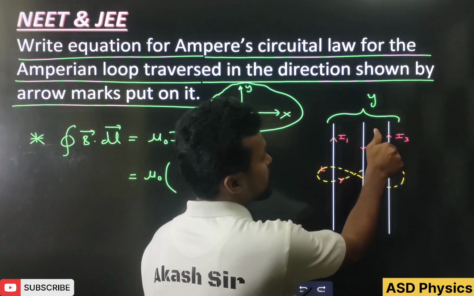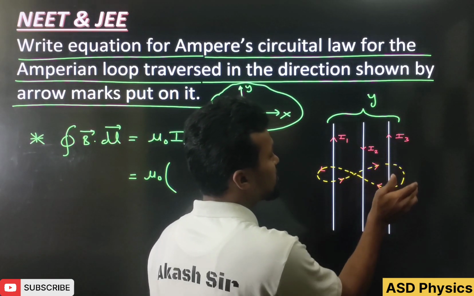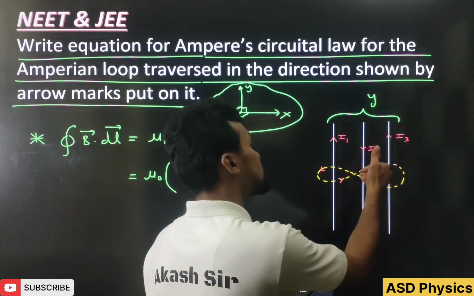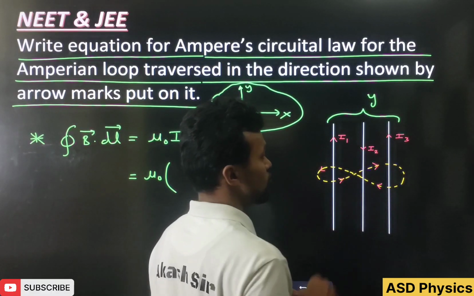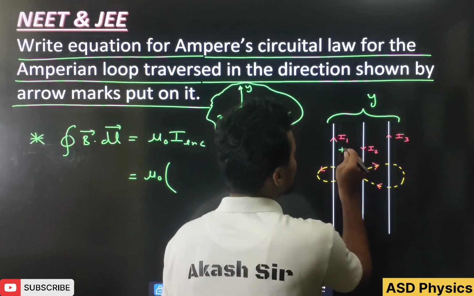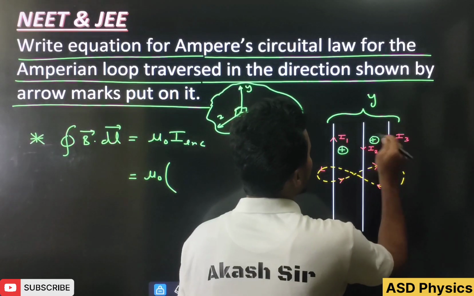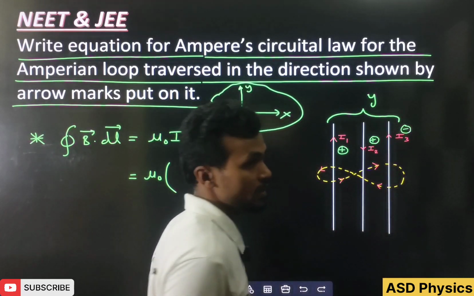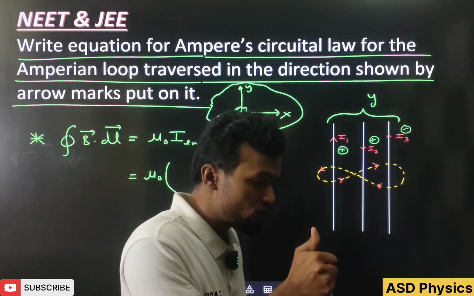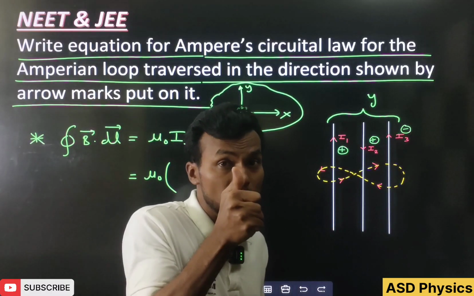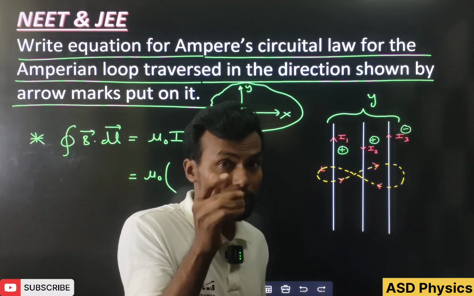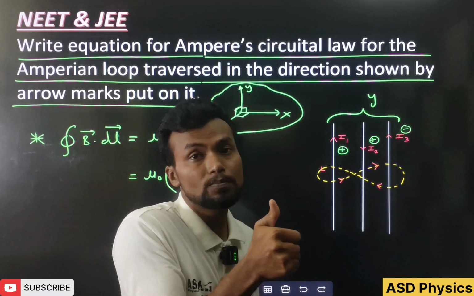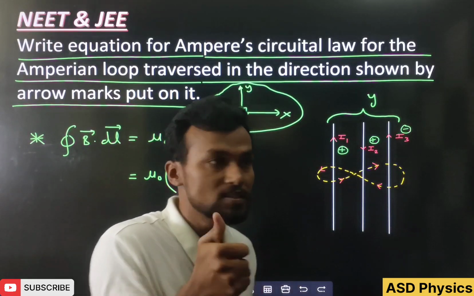I3, again put your fingers along the current, see all the curls are going in the opposite direction of the arrow of the Amperian loop. That means I1 positive, I2 positive and I3 will be negative. What I have told you again, if we put the thumb along the current, then the curled fingers should go along the Amperian loop, then only the current will be positive, otherwise negative.